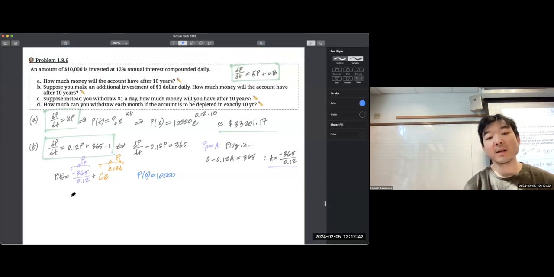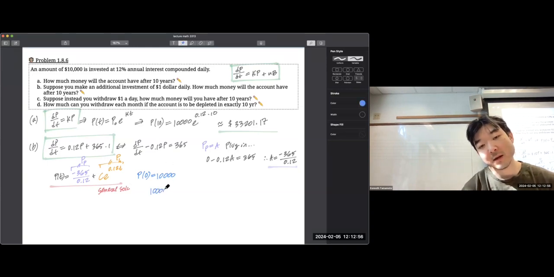So you'd plug this into your general solution, because you want to find the actual solution for this problem. You'd plug the $10,000 into the P: 10,000 equals negative 365 over 0.12 plus C. What does this initial condition give us? It gives us a way to solve for this C.